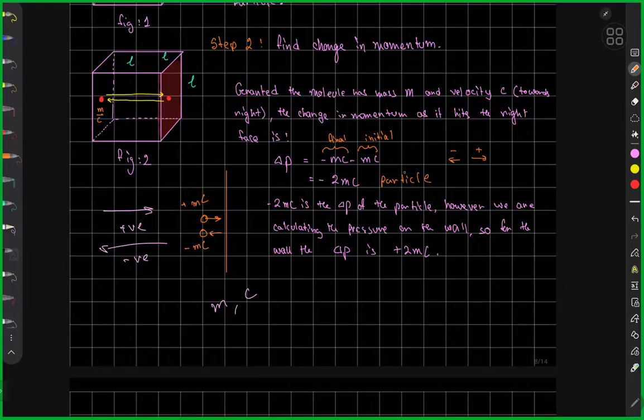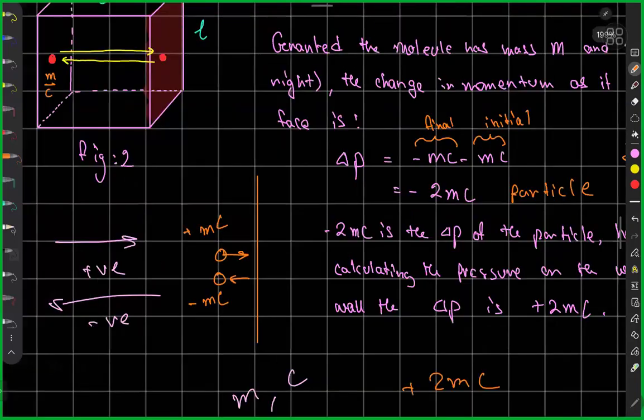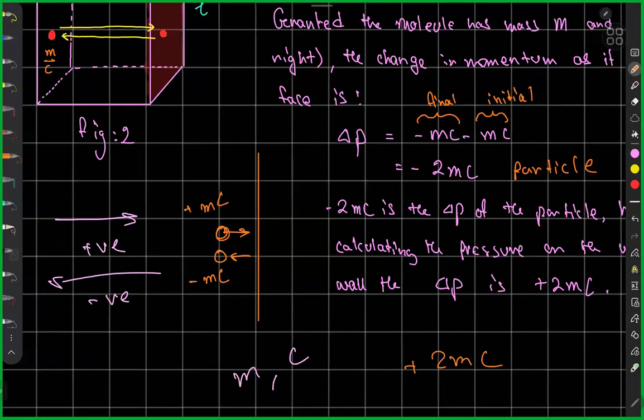But I want to know the force exerted on the wall. I don't care what change in momentum the particle went through. I want to know what the change in momentum for the wall is. The change in momentum of the wall is simply positive 2mc. If the particle exerts a force on the wall in the rightwards direction, the wall exerts a force on the particle in the leftward direction.